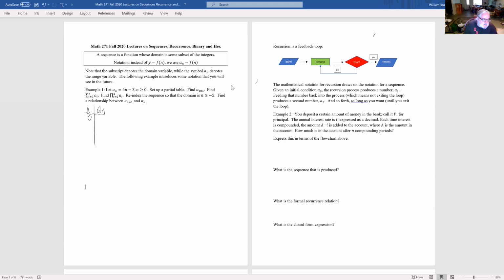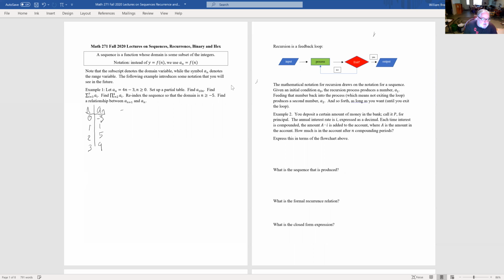So if n is 0, 1, 2, 3, what do we get when we plug those numbers in for n? Well, if n is 0, we get minus 3. If n is 1, we get 1. If n is 2, you get 8 minus 3, which is 5. And if n is 3, you get 12 minus 3, which is 9. So a_0, a_1, a_2, a_3, just plug them in.